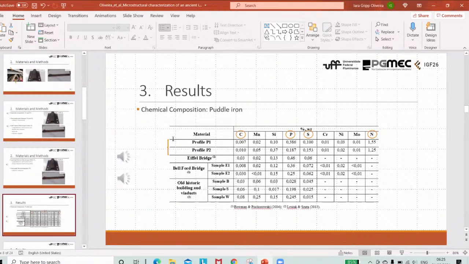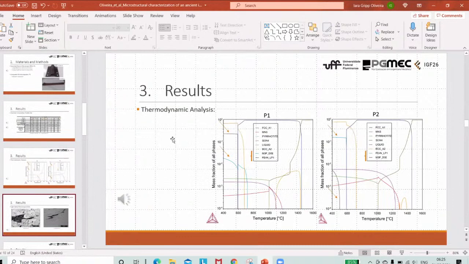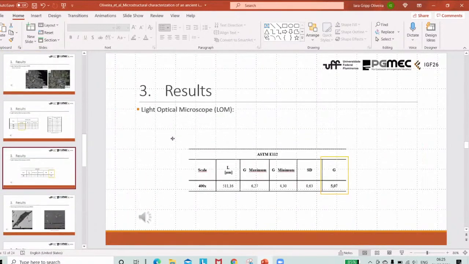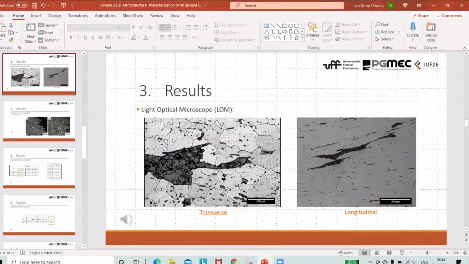You are proposing to do some work on mechanical properties. Can you tell us the value of impact absorbed energy? On the longitudinal direction, we have values around 20 joules. But on the transverse direction, we find values of 6, 7 joules.